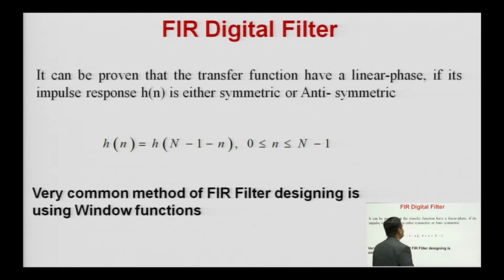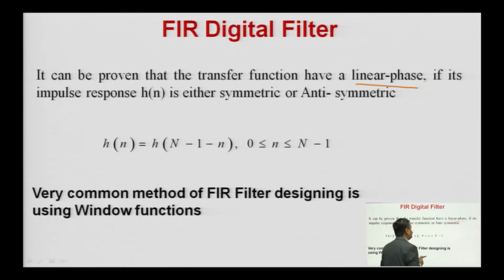FIR digital filter. The first thing is the quality, you can say the advantage, of the FIR digital filter, that you can analyze from its transfer function: it has a linear phase. This is a very important characteristic of a FIR digital filter.